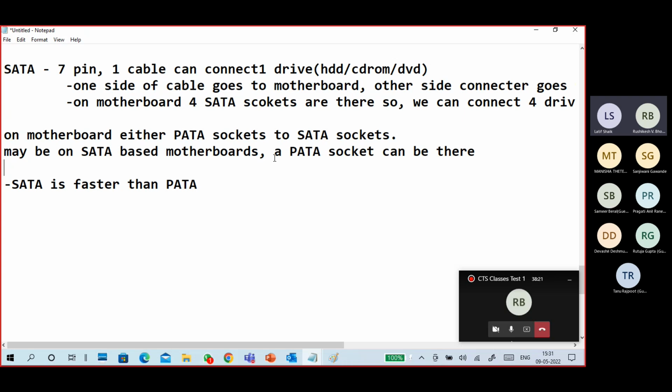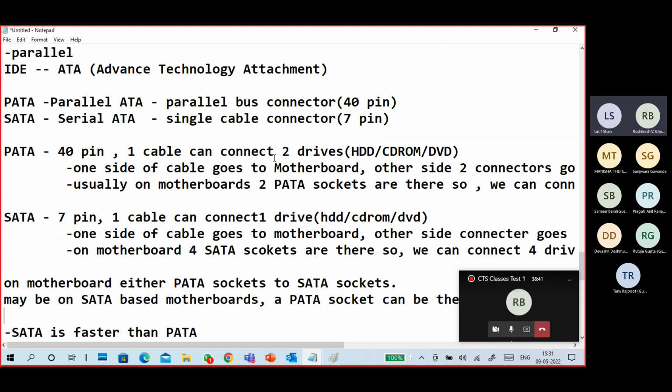When SATA was introduced into the market, motherboards removed all the IDE ports and put only SATA. But people may get this problem, so instead of two SATA sockets, they keep only one PATA socket. So this is about SATA and PATA.